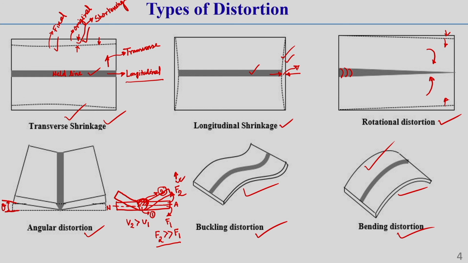Now, there is another type of distortion, which is particularly seen in very thin plates, and occurs by the combined effect of transverse and longitudinal deformation. Once the combined effect in a structure goes beyond some critical value, there is a chance of twisting change of the original structure.